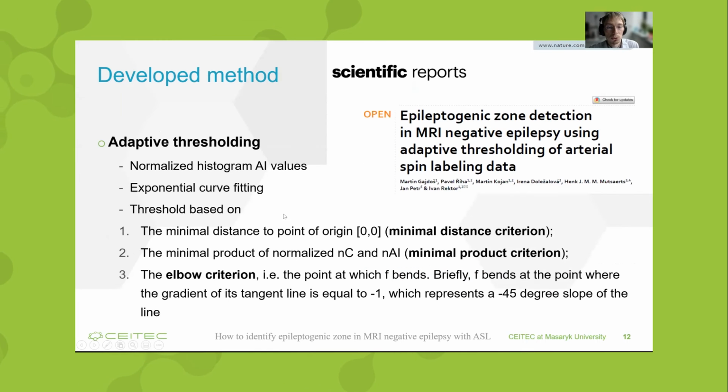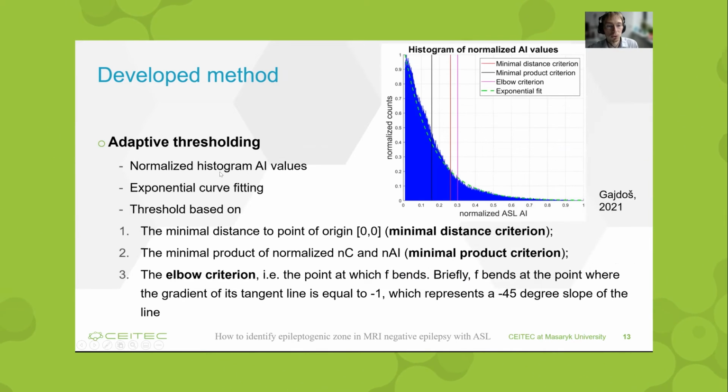Our aim was to use adaptive thresholding, and the method we developed was published last year in Scientific Reports. We used the histogram of asymmetry index values and normalized the values.